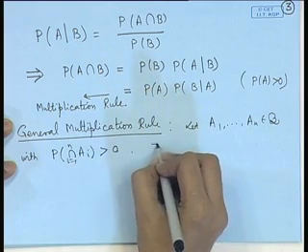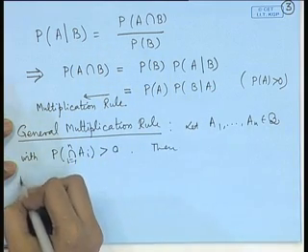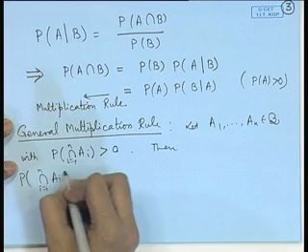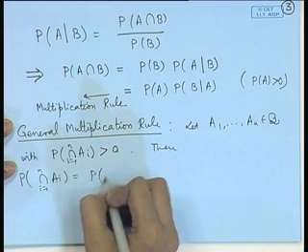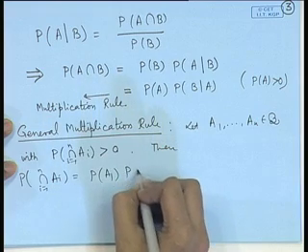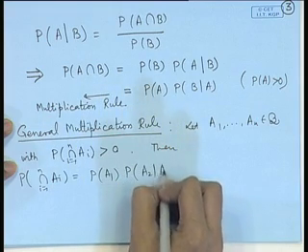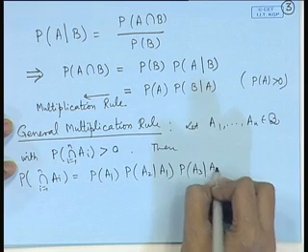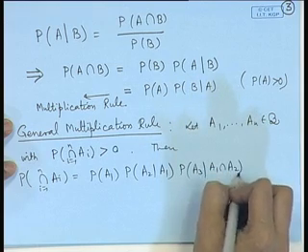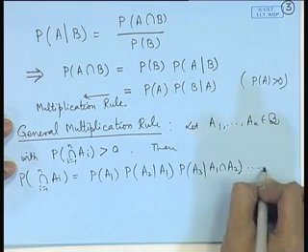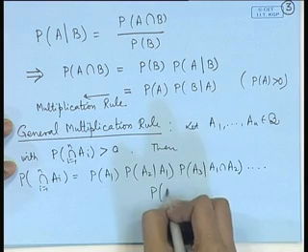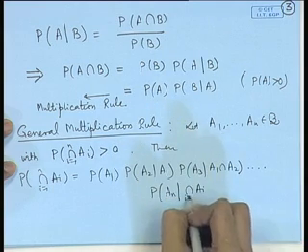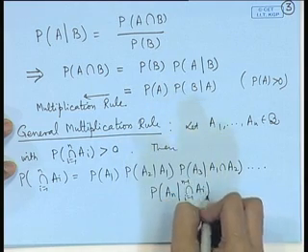Then the probability of the intersection of Ai, i equal to 1 to n, can be expressed as probability of A1 into probability of A2 given A1 into probability of A3 given A1 intersection A2, and so on, probability of An given the intersection of Ai, i equal to 1 to n minus 1.